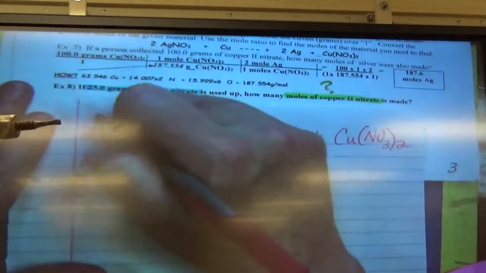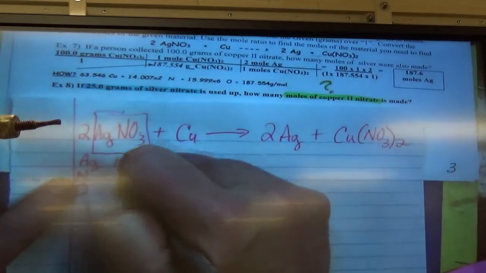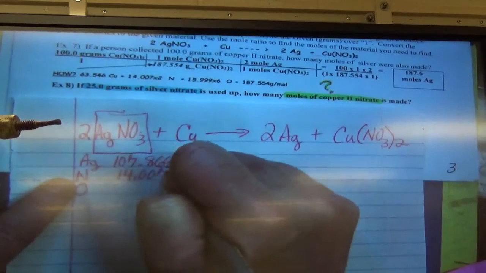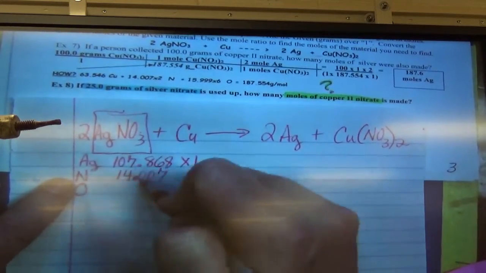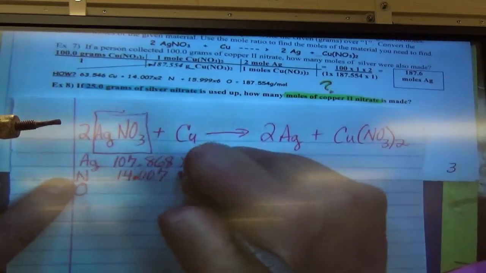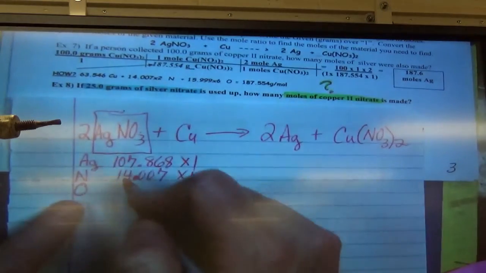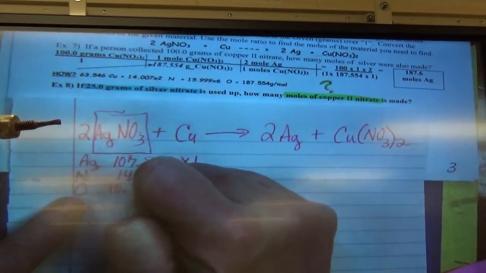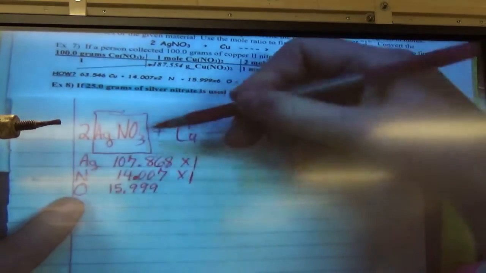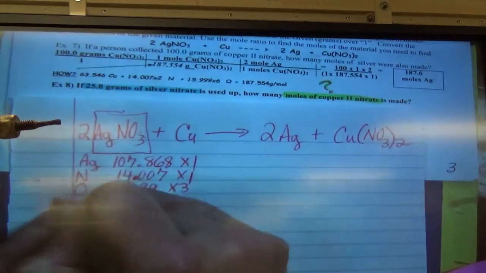Okay, we just want silver nitrate. Okay, how many nitrogen? Yes, there's 1 nitrogen. So the mass of nitrogen from the periodic table, there's just 1 of them. The 3 is not on the nitrogen. Okay, oxygen, how many of those are there? Yes, there's 3 oxygens, and that's why I'm multiplying that by 3.